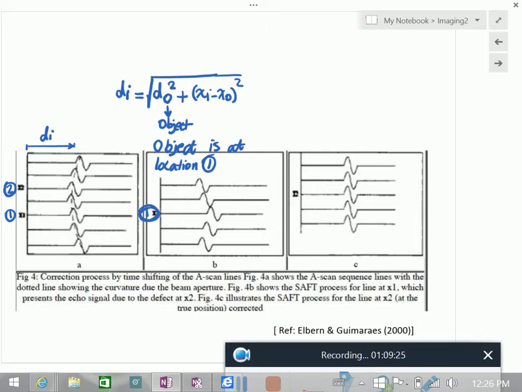So d0 becomes d1, and then you can correct everyone else's position. When you correct them, how many we take on each side depends on the divergence angle of your transducer. So here we just took 2 on one side, 2 on the other side. And this size will depend on the divergence angle that we spent quite a bit of time talking about. So we assume that this is at this location, we correct it, and that's what we get.